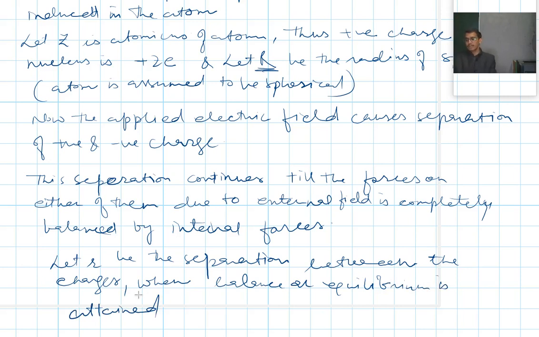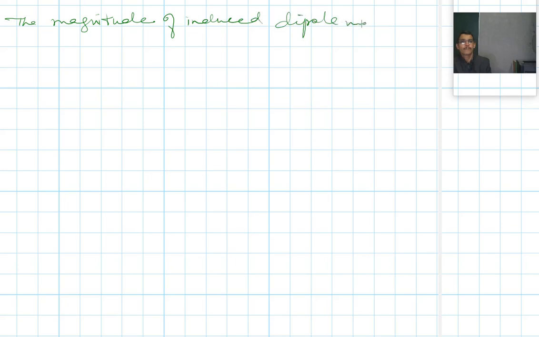So now the magnitude of the induced dipole moment is P equals ZER.